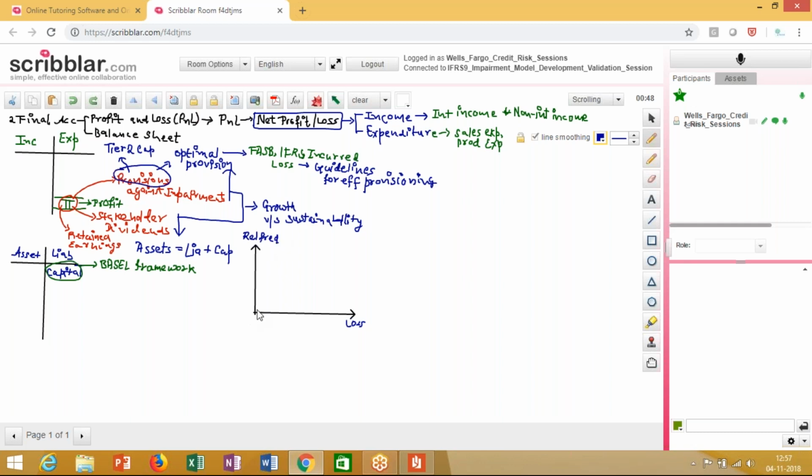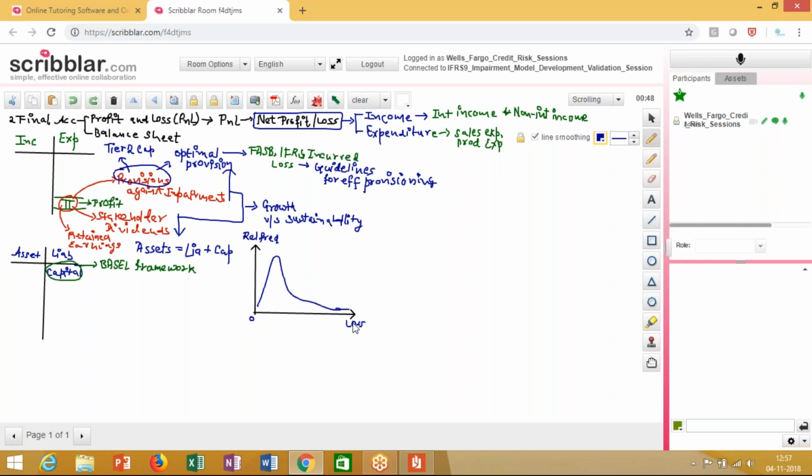Now let's draw this graph. This is how the loss distribution typically looks. I'm doing a freehand diagram; the Basel diagram is much better.